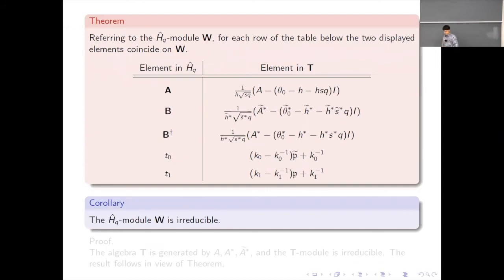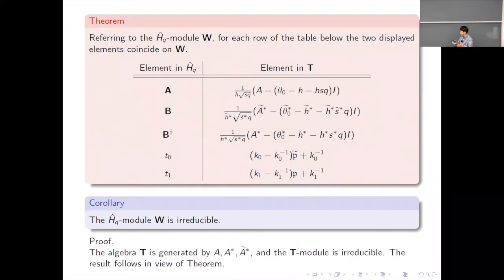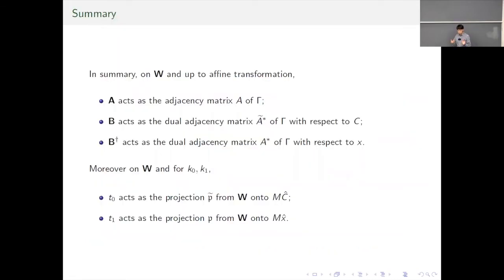So here is a corollary. The HQ hat module W is actually irreducible because our algebra T is generated by these 3 elements, and also the bold T module W is irreducible, as we saw yesterday. So by this theorem, the HQ hat module W is also irreducible. Okay, so let me summarize what we discussed. Up to affine transformation, our element T naught T3 plus T naught T3 inverse, T3 T naught plus T3 T naught inverse acts as the adjacency matrix.